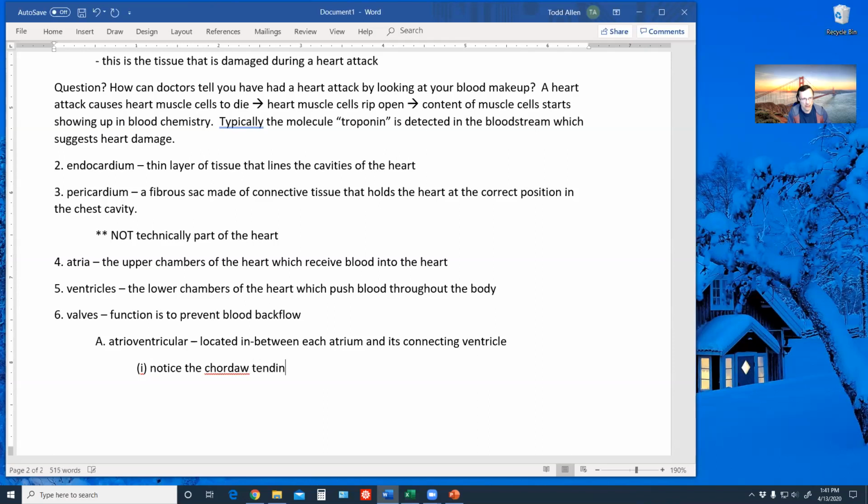Gang, these are your heartstrings. So every Valentine's Day, when your boyfriend or girlfriend or significant other is tugging on your heartstrings, this is literally the anatomy of the heart that they are tugging on.